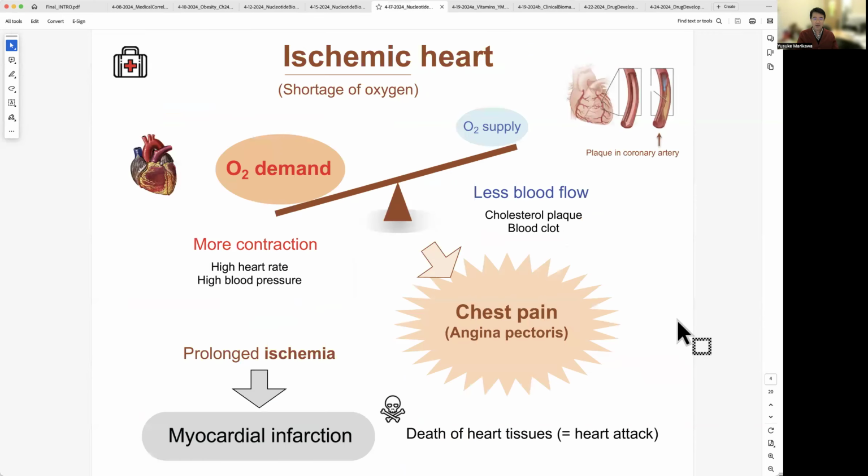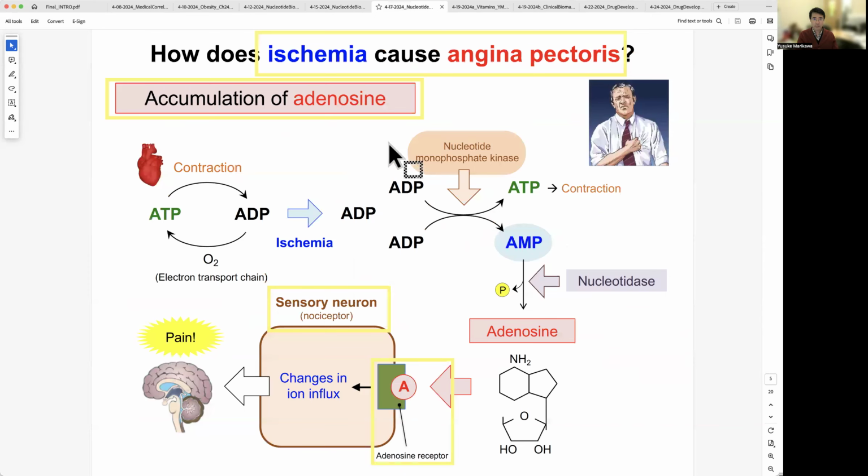About heart pain, angina pectoris: ischemia, lack of oxygen, leads to chest pain, angina pectoris. Molecularly, the cause of this pain is accumulation of adenosine. Basically, this is a warning sign that your heart is suffering from ischemia. Adenosine binds to the sensory neurons in the heart, nociceptor neurons, which have adenosine receptors.